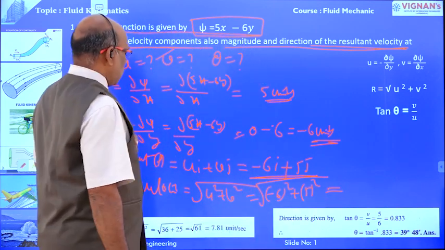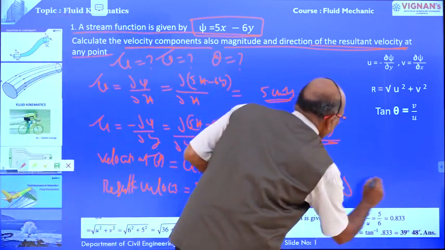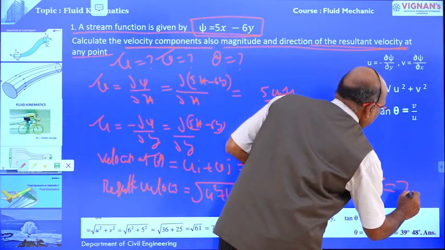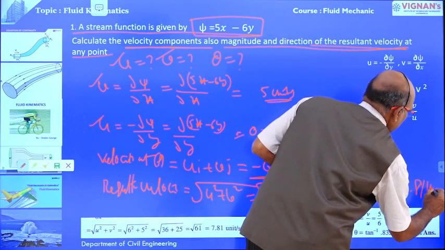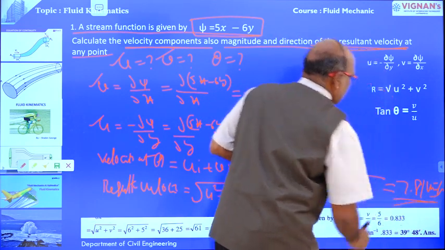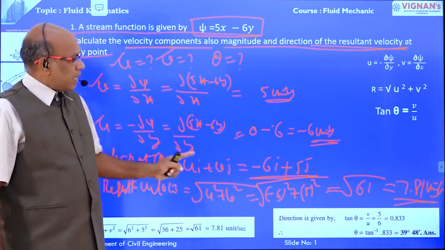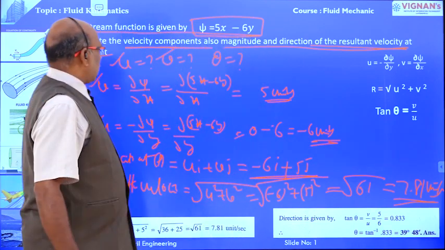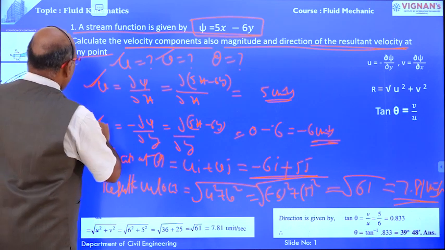This is equal to square root of 61, which is equal to 7.81 units per second. This is the resultant velocity. Resultant velocity equals 7.81 units per second.